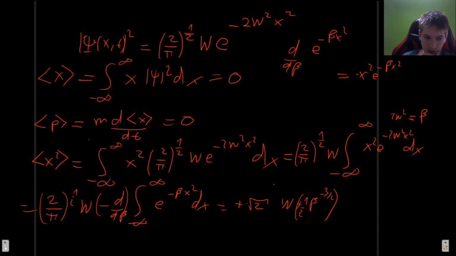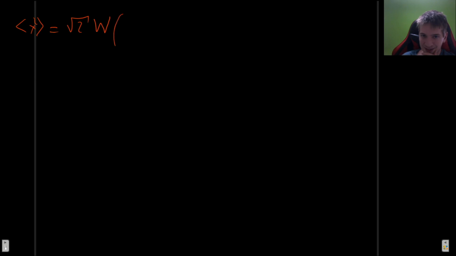The expectation value of x squared is square root of 2 times w, I already forgot the rest. Let's put the 1/2 here, and then we have beta, but beta is 2w squared, and this is divided by that power.